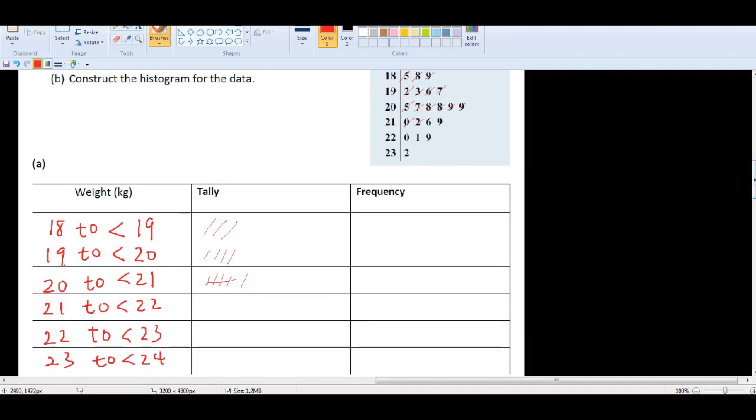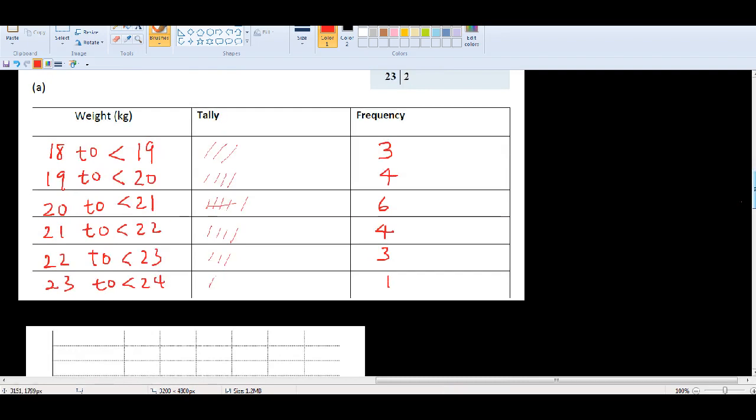Right, so 4 of them. 22 to 23 should be only 3 of them, and 23 to 24 should be only 1. Alright, so 3, 4, 6, 4, 3, 1.